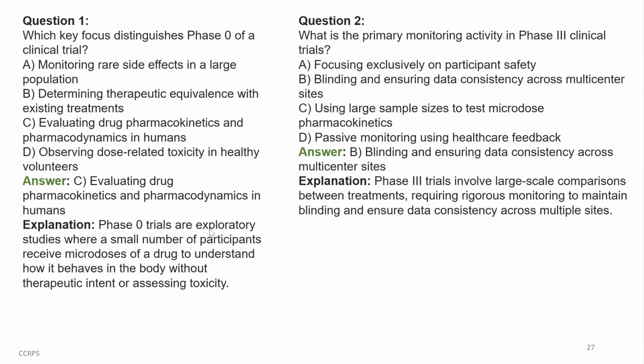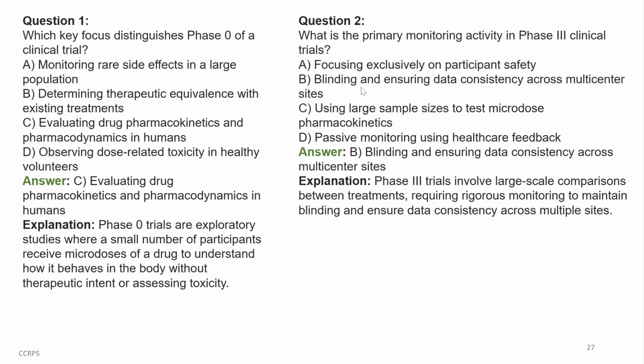Phase 0 trials are exploratory, preclinical studies where a small number of participants, fewer than 15, receive microdoses of a drug to understand its initial behavior in the body, without therapeutic intent or assessing toxicity. Question 2. What is the primary monitoring activity in phase 2-3 clinical trials?